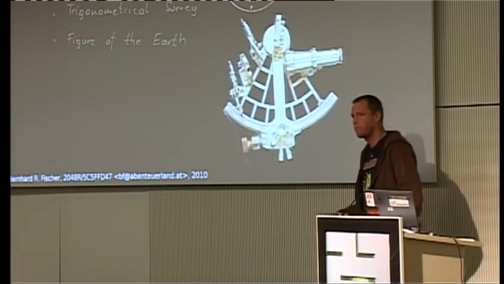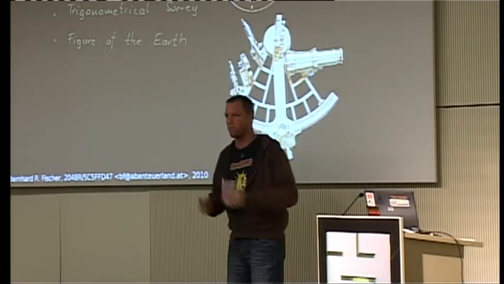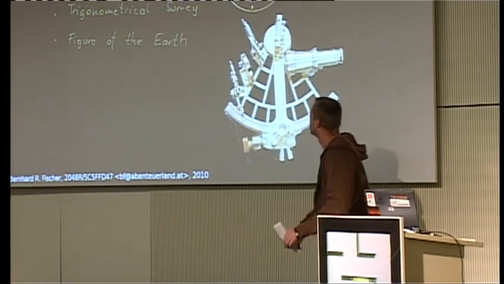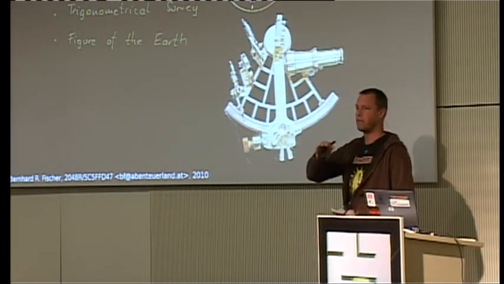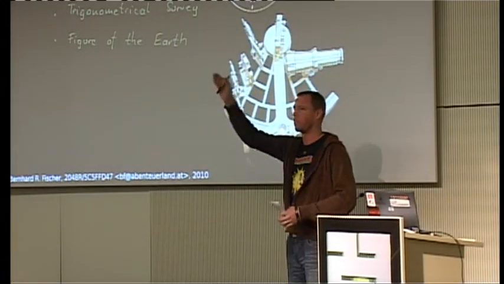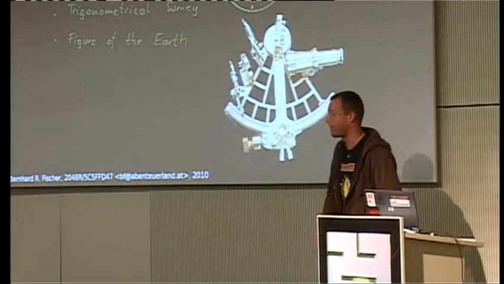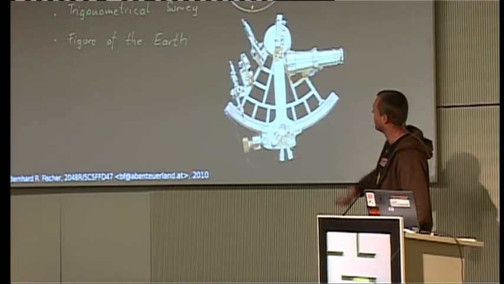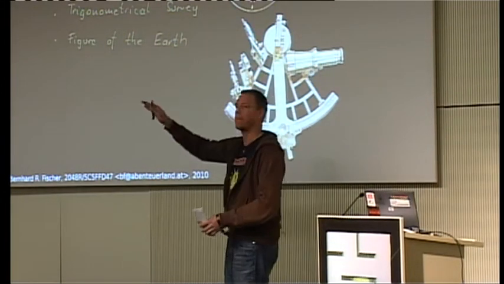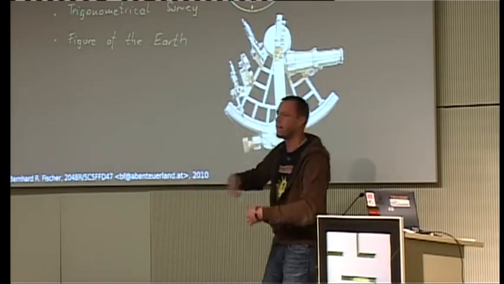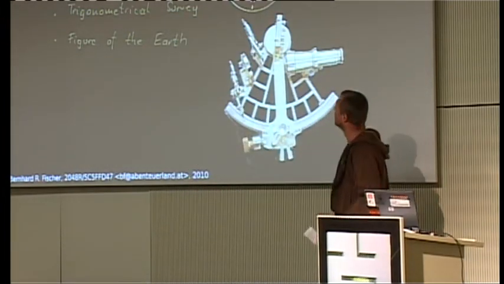It looks very complicated. Actually, it's just a device for measuring angles. These navigators usually measure the angle between the horizon and some star. So what they need for astronavigation is books which say, okay, this star is at this time, at this place, at this angle, so they can calculate back where they are.